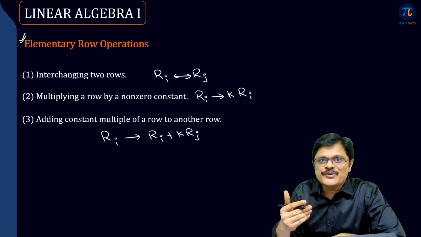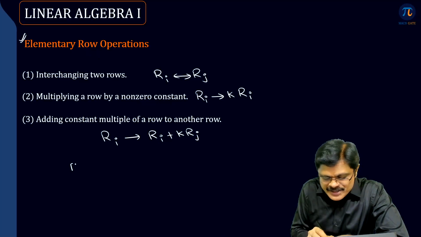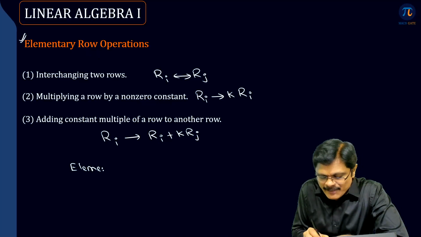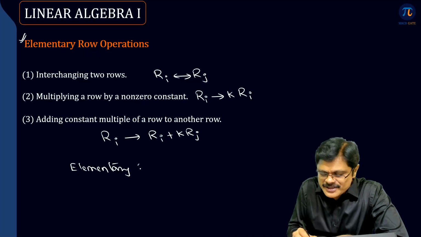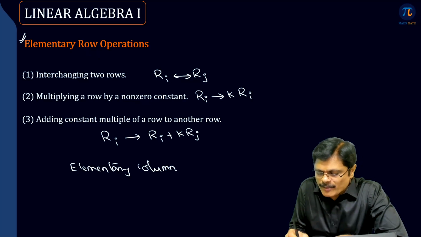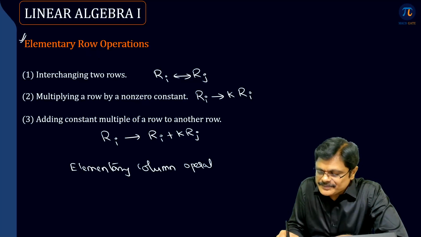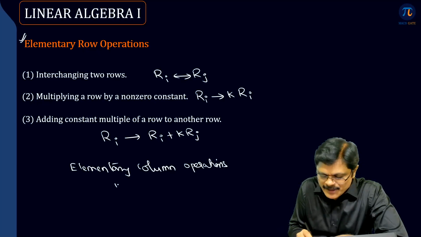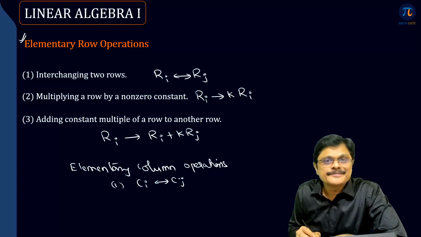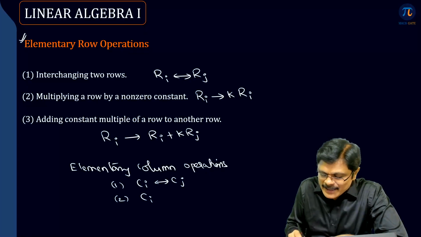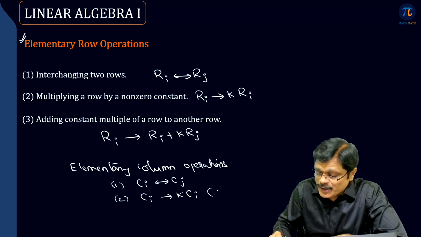In similar lines, we can also have elementary column operations. What are the elementary column operations, my dear friends? The first one is interchanging two columns. The second is multiplying a column with a non-zero constant; k should be non-zero.